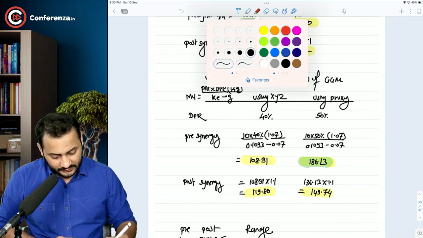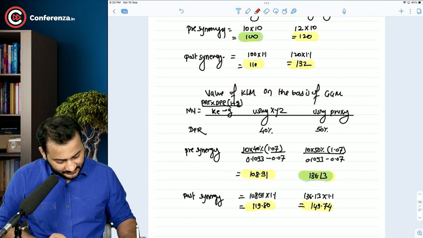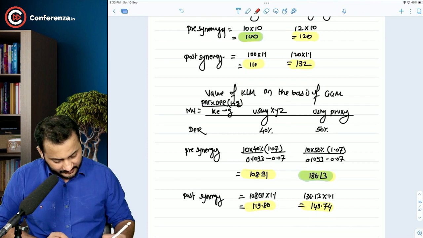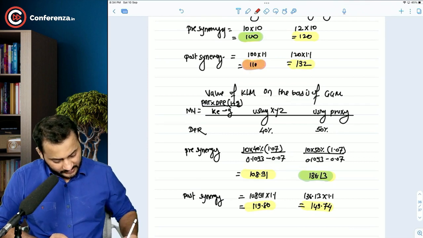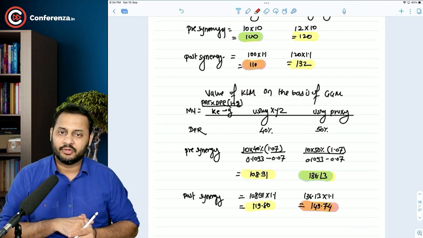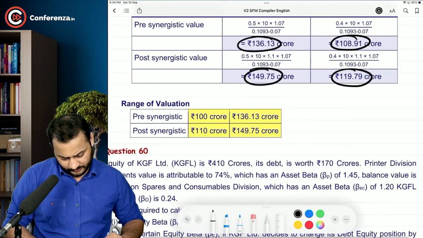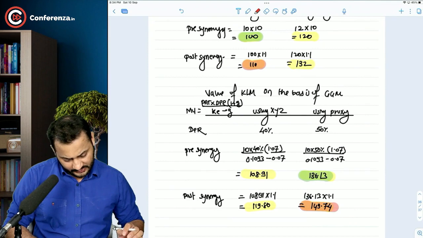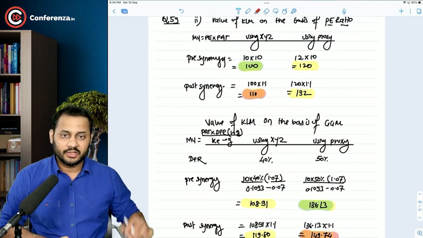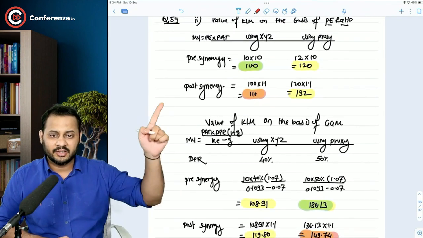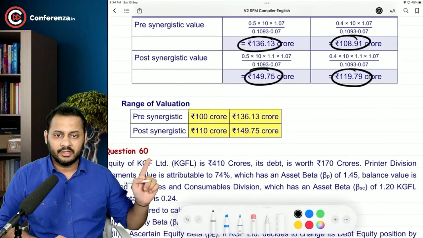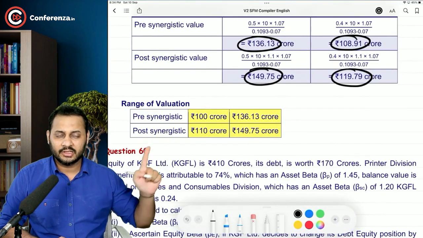Now, what is the lowest and highest in the post-synergy? The lowest is 110 and the highest is 149.74. So see these values, 100 and 136, 110 and 149.